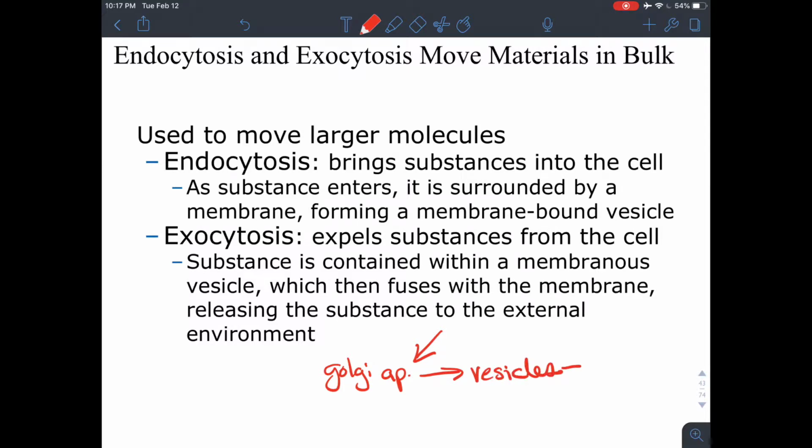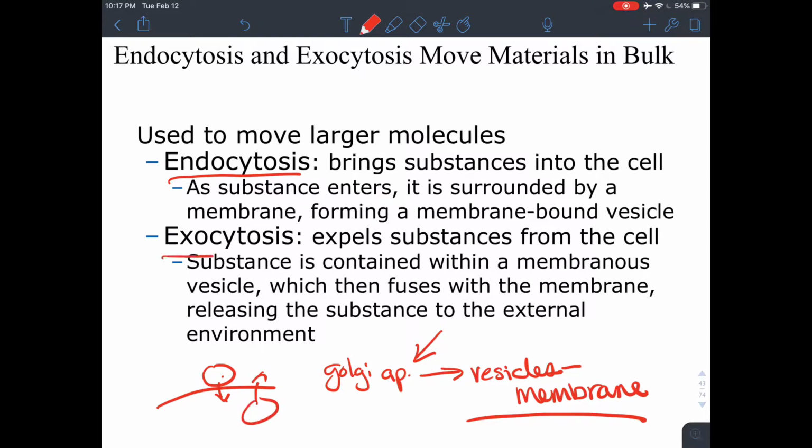And remember that those vesicle membranes mirror the plasma membrane of the cell in composition. So that allows for the vesicle and the cell, like we said earlier, to merge, and then either the contents would come into the cell, which would be called endocytosis, or the contents would go out of the cell, exocytosis.